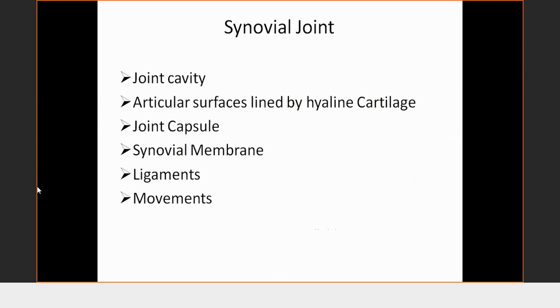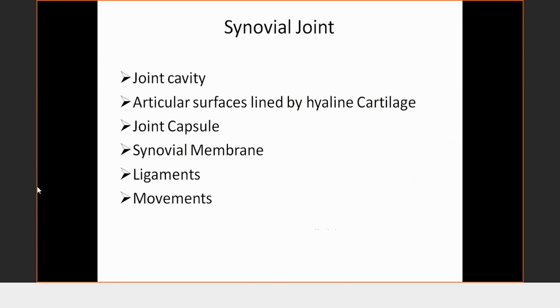Then you may be asked to write short notes on the elbow joint or the shoulder joint. If you are not aware of the joint, at least know the general features that have to be present in a typical synovial joint. So what are those features?